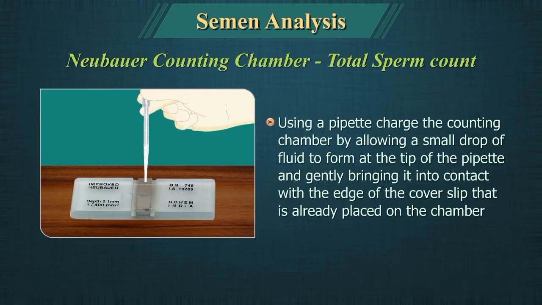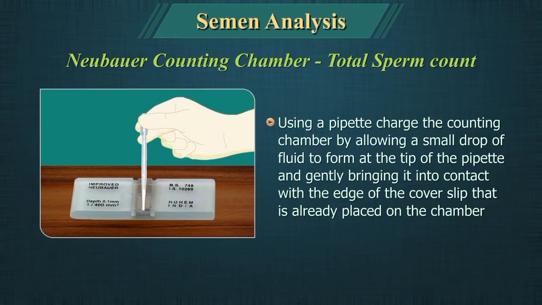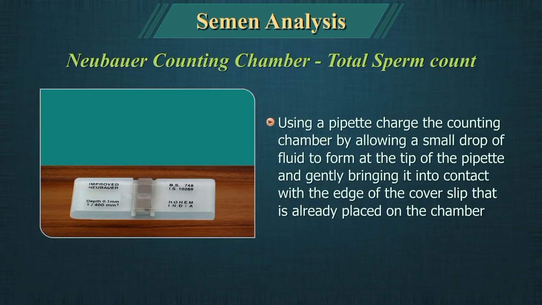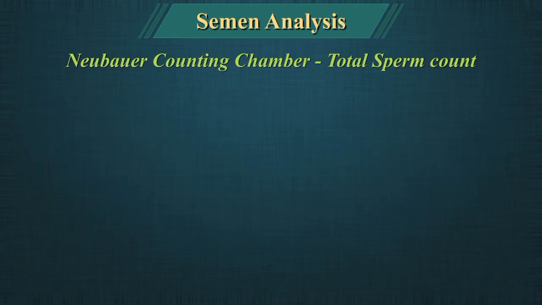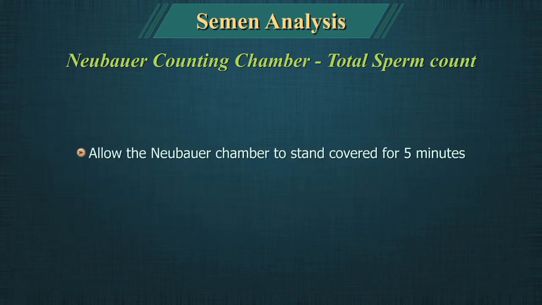Using a pipette, charge the counting chamber by allowing a small drop of fluid to form at the tip of the pipette and gently bringing it into contact with the edge of the cover slip, which is already placed on the chamber. Allow the Neubauer chamber to stand covered for 5 minutes.